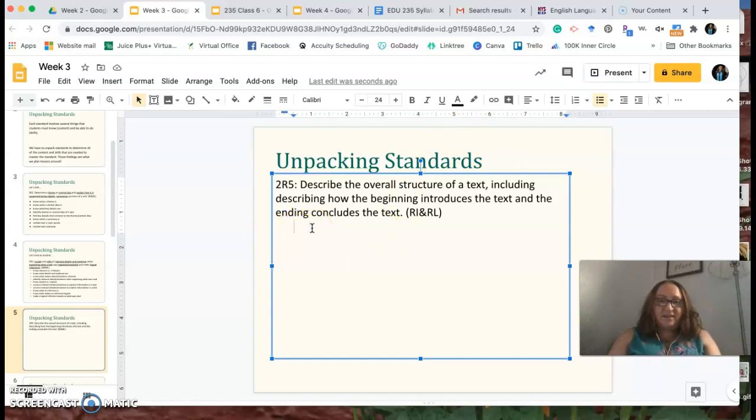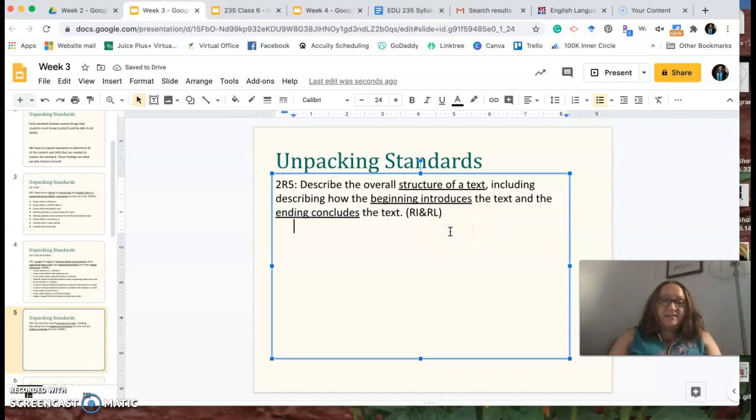What are the important things here that students either have to know or be able to do? Well, I'm seeing structure of a text, they have to know what that is, right? Then they have to know that the beginning of a text introduces it and the ending concludes it. See how I got that?